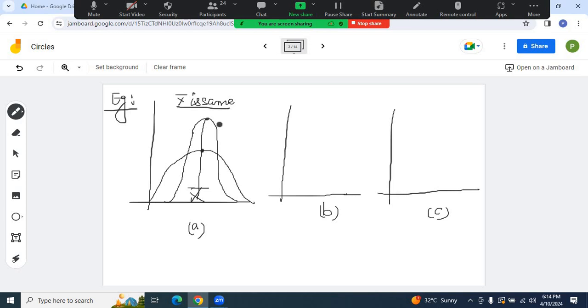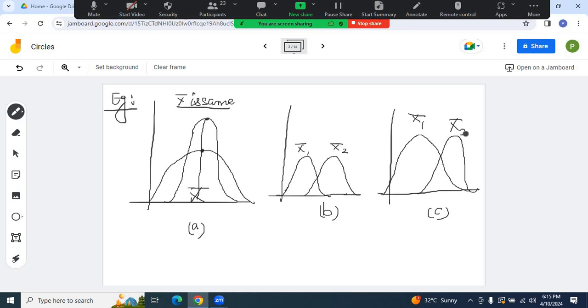Now in B, let this be the graph for the first series, having mean x1, and this be the second series, having mean x2. And in the third, let this be the spread of the first series, having mean x1, and this the spread of the second series, having mean x2.